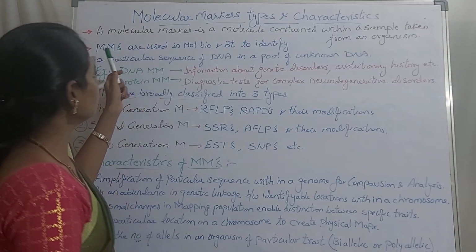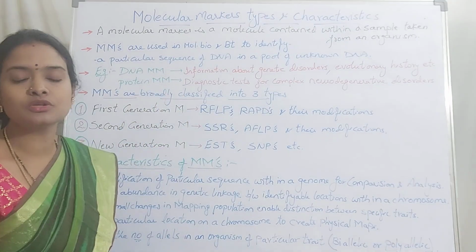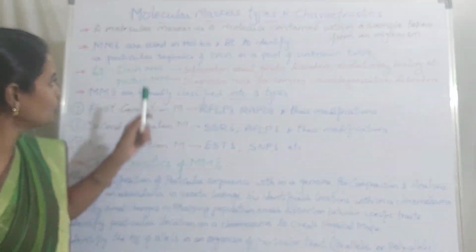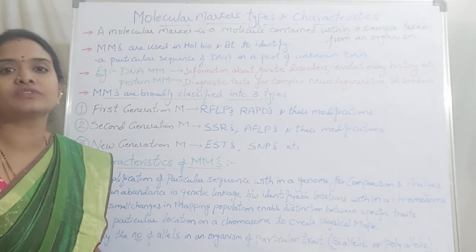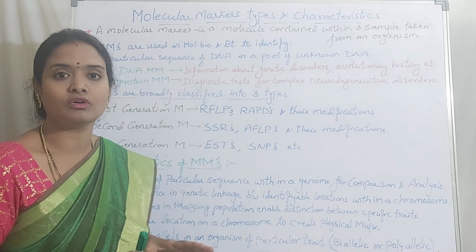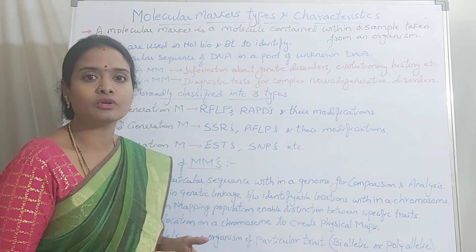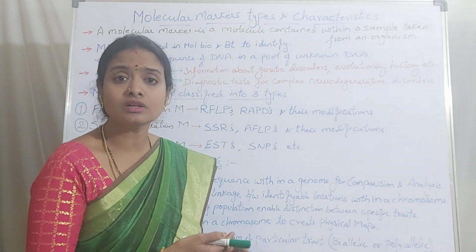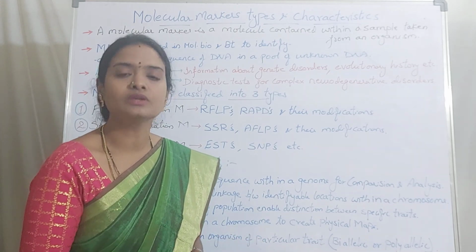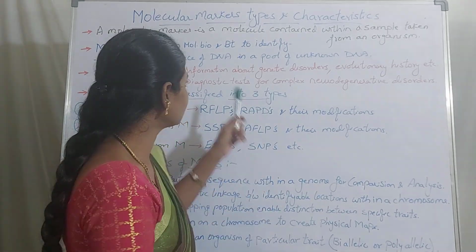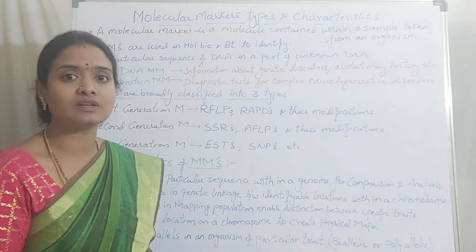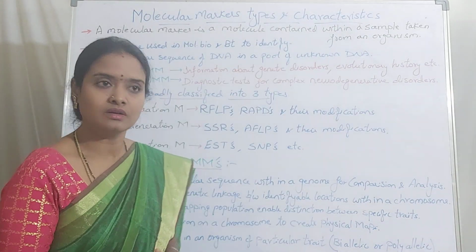So here the molecular markers are mainly used in molecular biology and biotechnology in order to know the particular sequence of DNA within a complete pool of DNA. If you have many DNA samples, from that whole pool of DNA, you can know the particular sequence present in that. Right? The particular sequence of DNA which is required can be known.